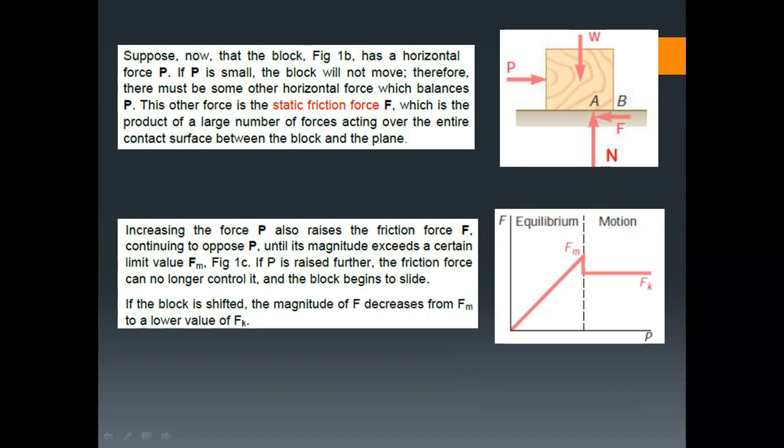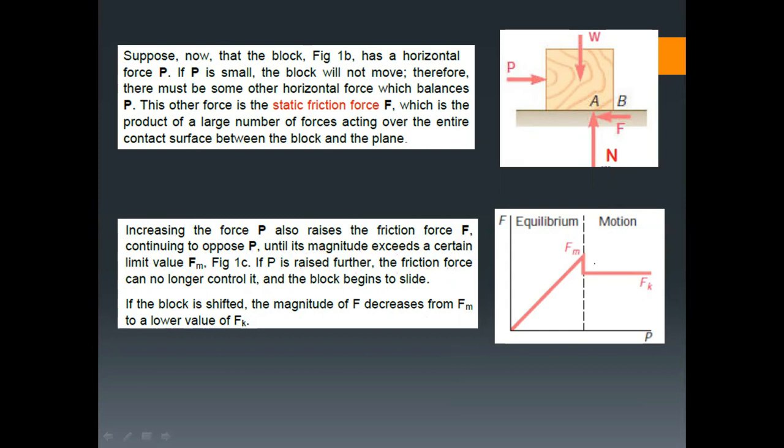As shown in our graph, increasing the force also raises the friction force, continuing to oppose P, our horizontal force, until its magnitude exceeds a certain limit value, Fm, which we call the maximum force applied. If our horizontal force P is raised further, the friction force can no longer control it and the block begins to slide.